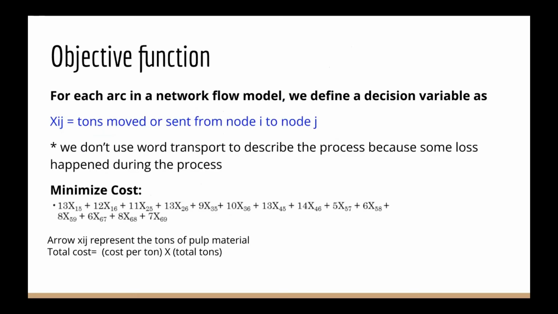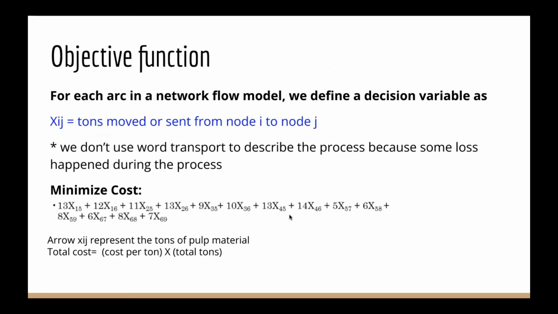For the objective function, for each arc in a network flow model, we define a decision variable as xij. It represents tons moved or sent from node i to node j. We don't use the word transport to describe the process because some loss happens during the process. Here we have the minimized cost formulation.